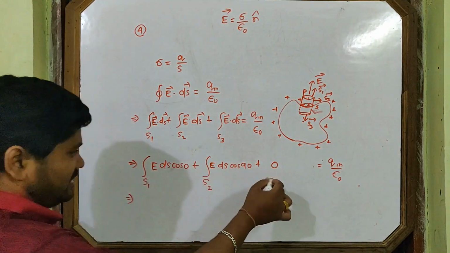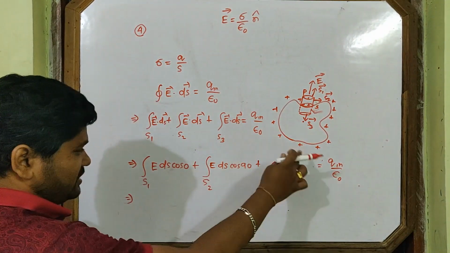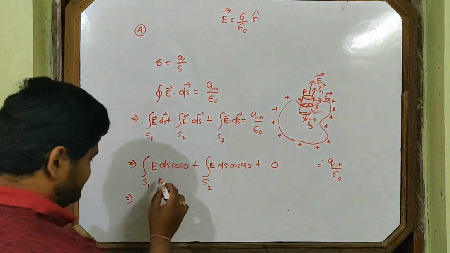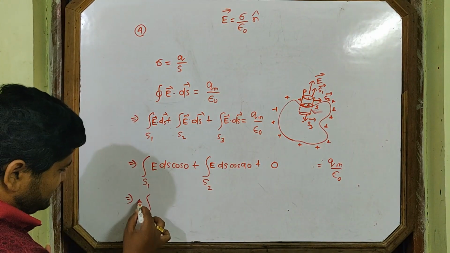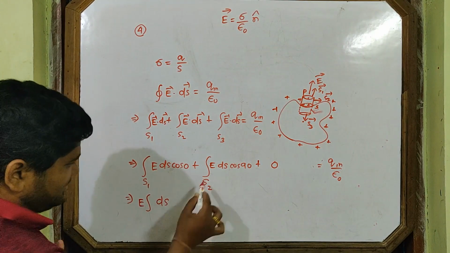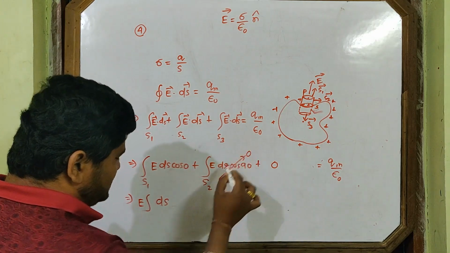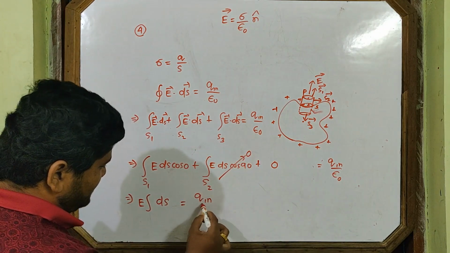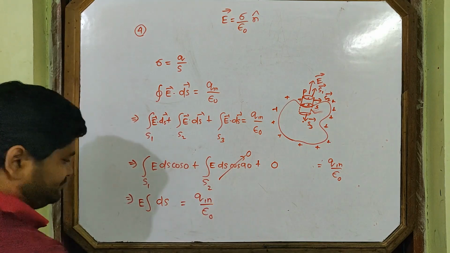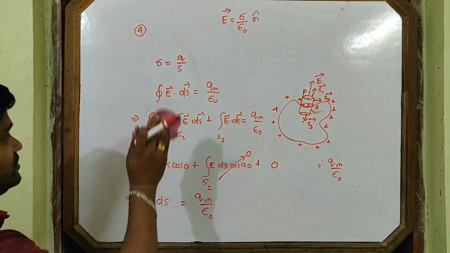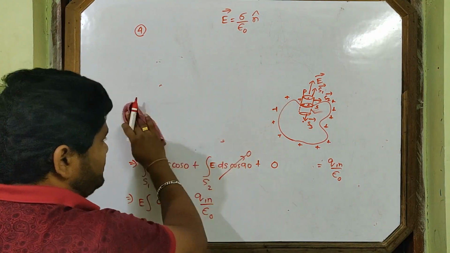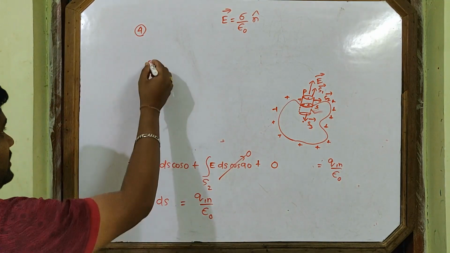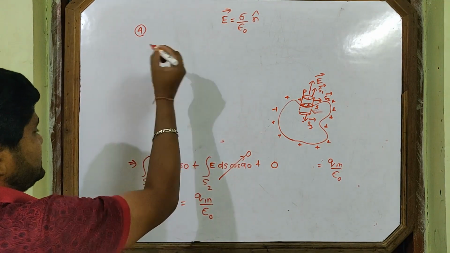You are not writing the angle there, because teachers always mark the common mistakes while checking the papers. So the electric field is taken outside as constant, ds integration, this is 0 because cos 90, so q in by epsilon naught. Is it clear now? So next we go to our point C. So E, what is the ds integration?